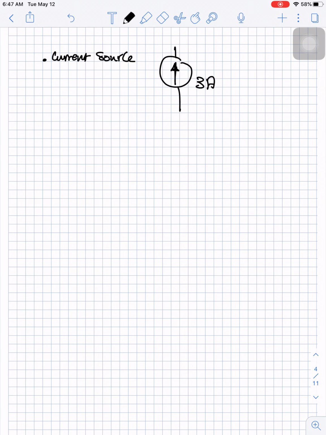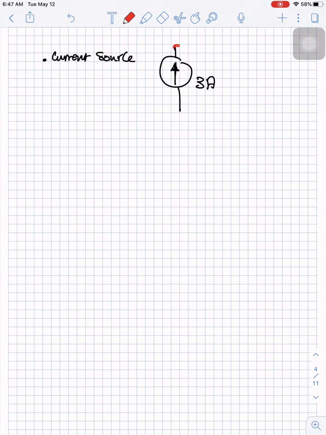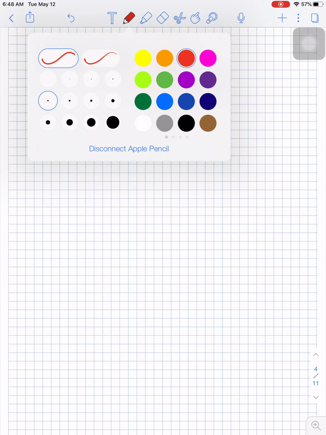What we need to determine by solving the circuit is the voltage between these two points, and this voltage has a magnitude and direction. Where the direction is, we have to assume it. We will assume that the current is leaving the positive. So I will assume that there is a voltage V here and this voltage is unknown. So again, the assumption for any source is that the current leaves the positive terminal. And this is called source notation.